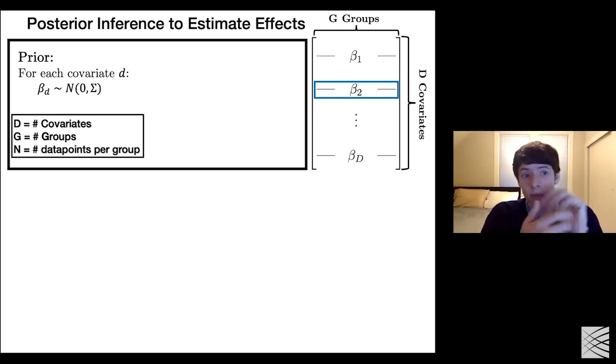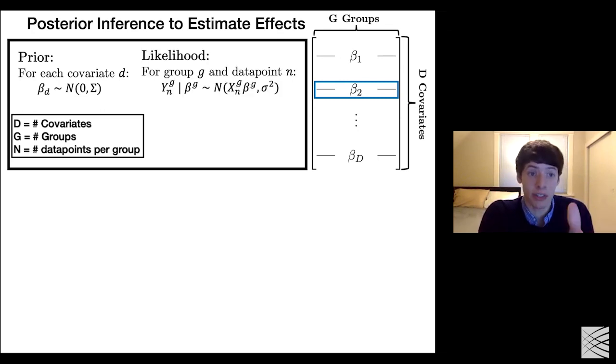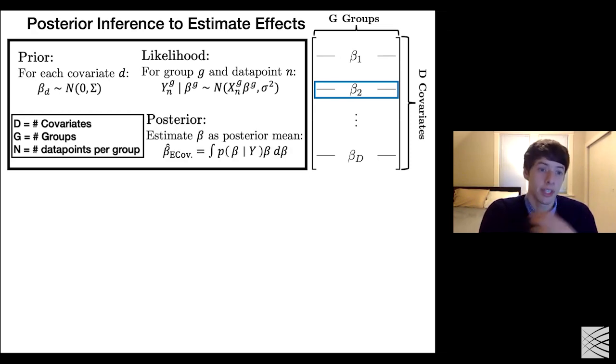For simplicity, to reduce some complexities in algebra, I'll assume that the mean is 0, though in our paper we handled the more general case. And as our likelihood, we have a Gaussian observation model, where each y comes from a normal with mean x beta and variance sigma squared. Together, Bayes' rule gives us the posterior, and we're going to estimate beta by its posterior mean.